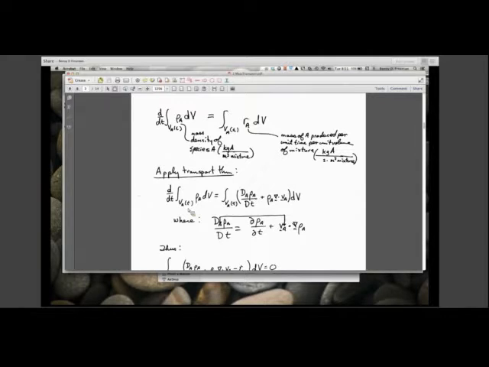But the transport theorem says that the time derivative of the total mass can be written in the following way. This is how we bring that derivative inside the integral sign.